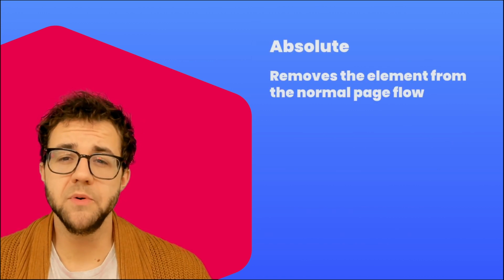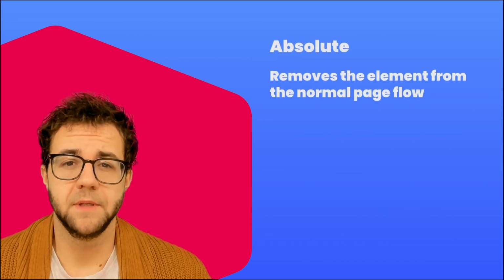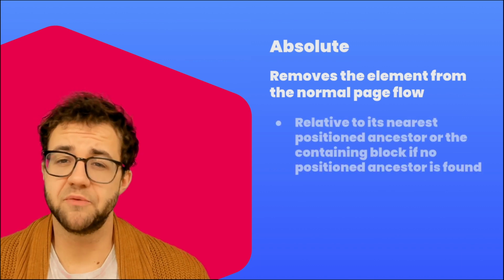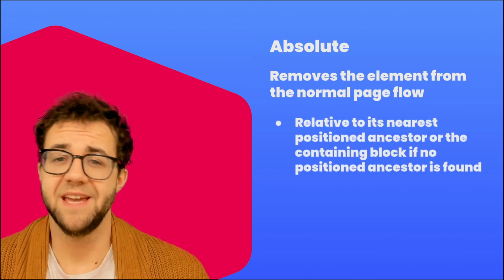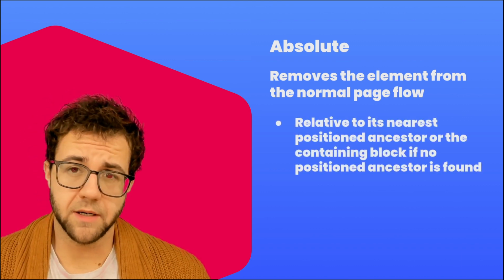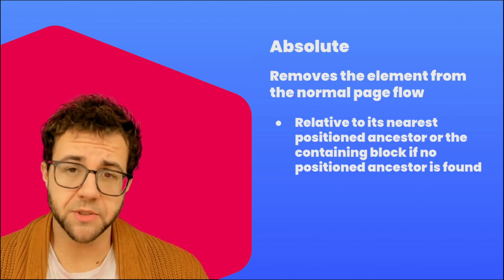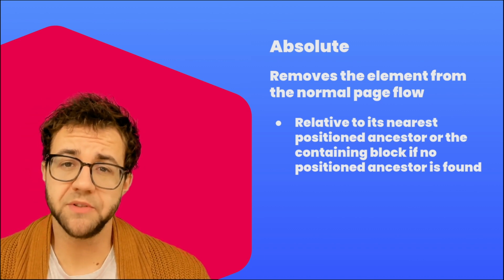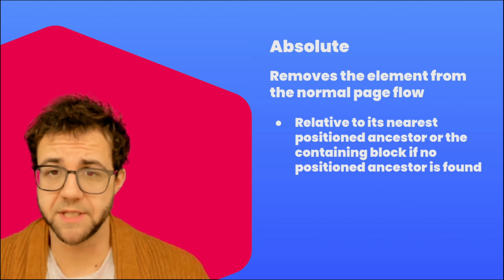Absolute positioning removes the element from the normal page flow. The component is positioned relative to its nearest positioned ancestor. So think of a component within your box component will respond differently to where your box component is.